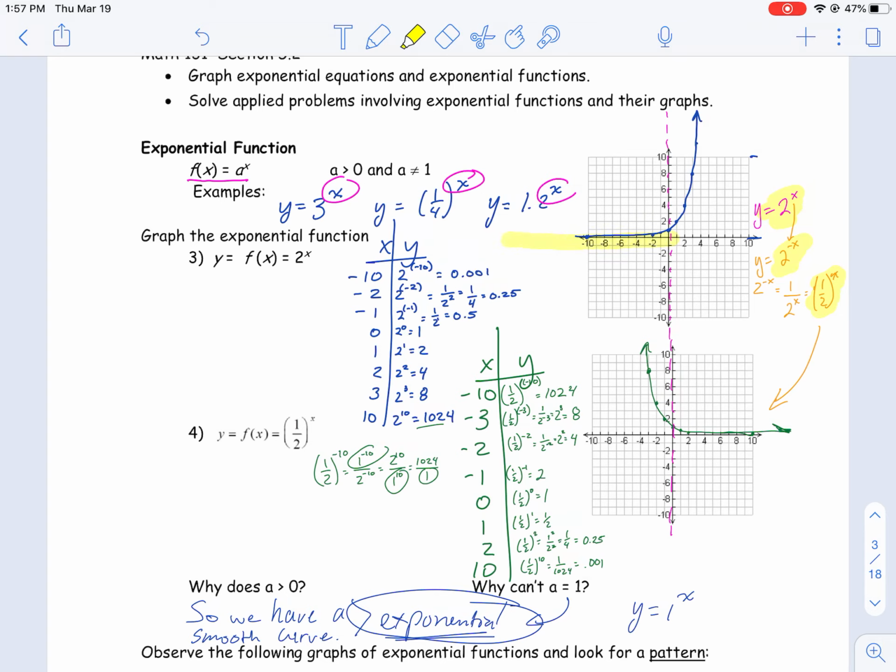That's a new word. This horizontal line right here that it gets closer and closer to and then shoots off if it's exponential growth. If it's exponential decay, it still has a horizontal asymptote, but this time it starts high and drops off very quickly towards that horizontal asymptote.